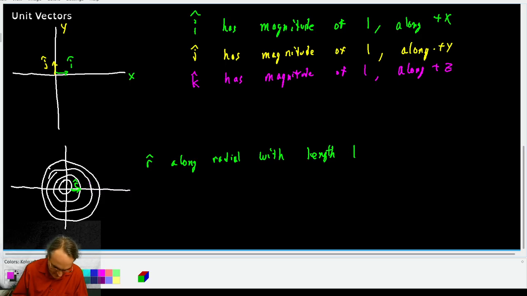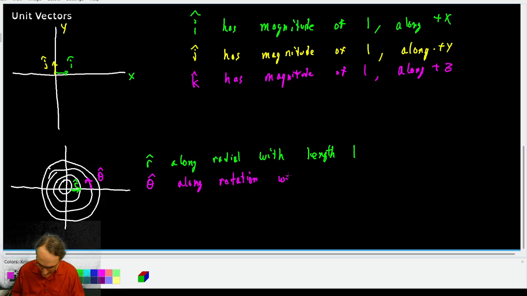And then it gets more interesting because there is a theta hat vector, which is along the rotation, going counterclockwise, also with length 1. Exactly what the theta hat looks like kind of changes based on how close in you are, how far out you are.